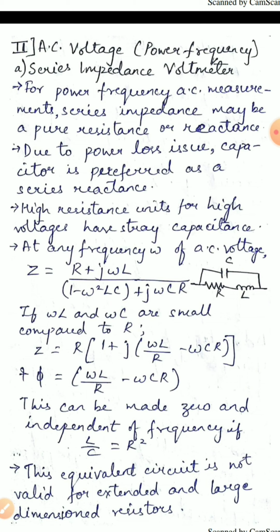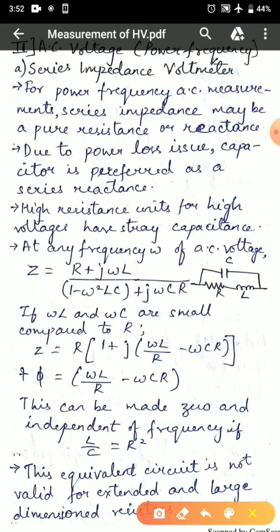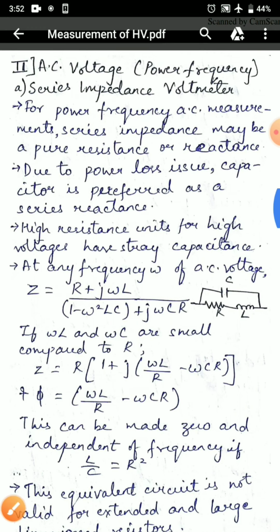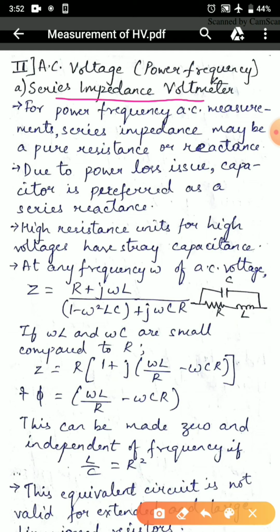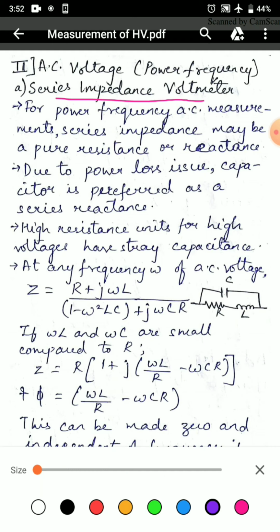Let us go to the second method for voltage measurement, that is, AC voltage with power frequencies can be measured using a series impedance voltmeter, which is the first measurement device used here.